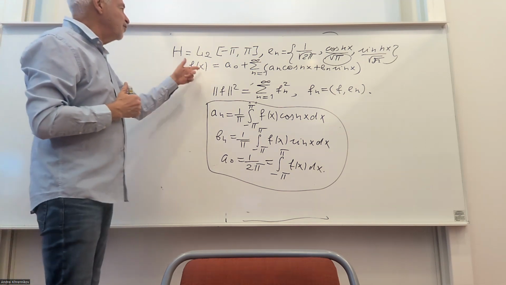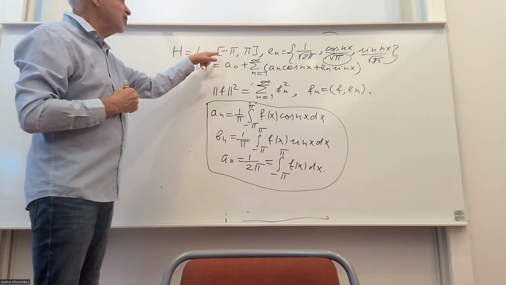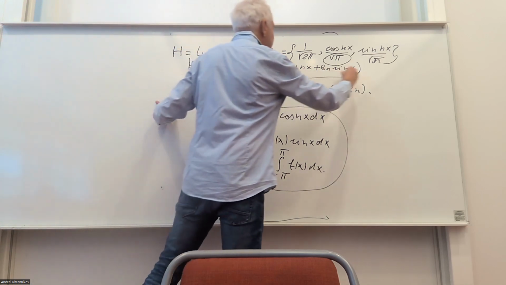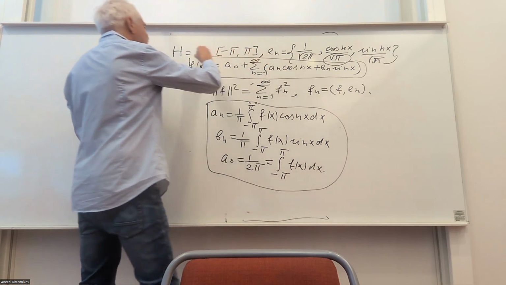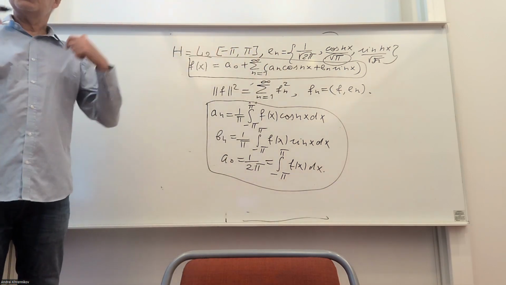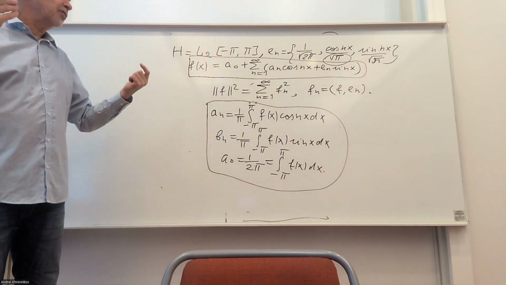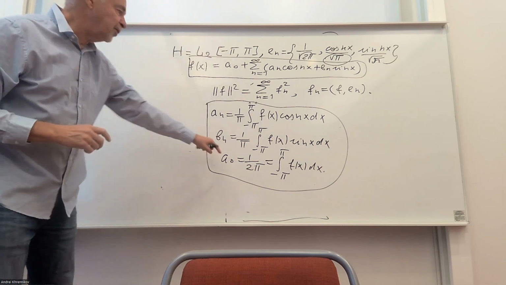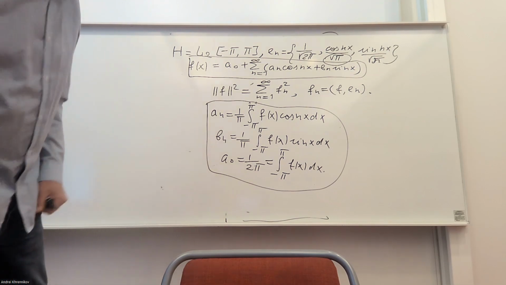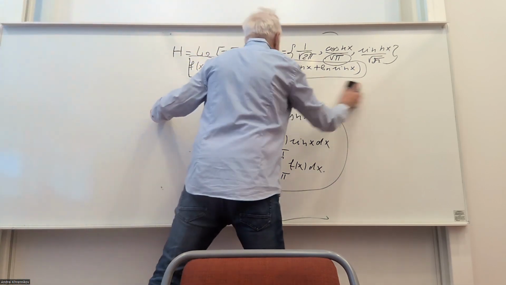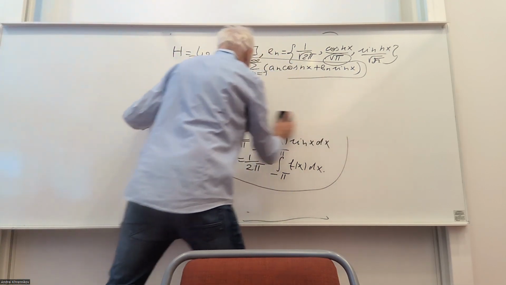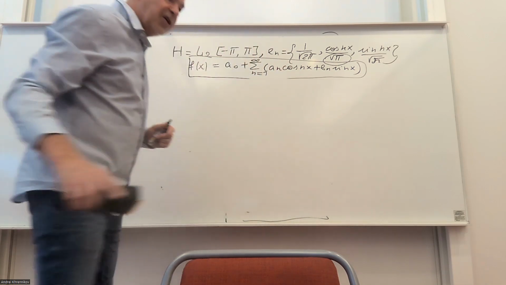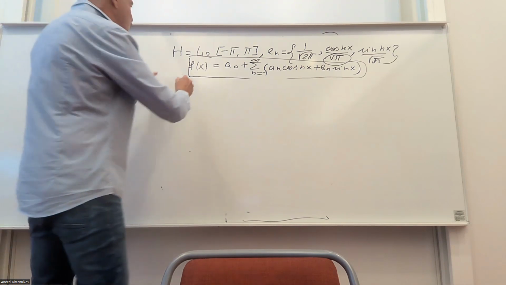What does this convergence mean? We say that f(x) is represented by its Fourier series. In what sense does this series converge? It converges in this space. And what would be this formula in this space? Convergence in L2 space means that this series converges in a very special way.